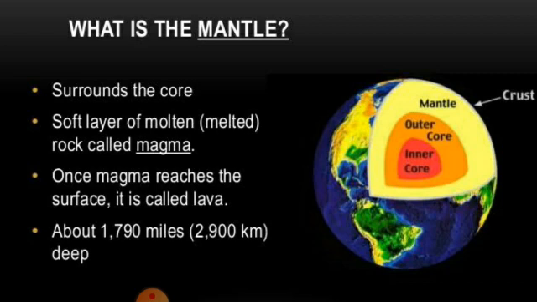If it is inside our earth, it is called magma, and once the magma reaches the surface, it is called lava. Lava is a hot liquid. It is about 1790 miles deep.